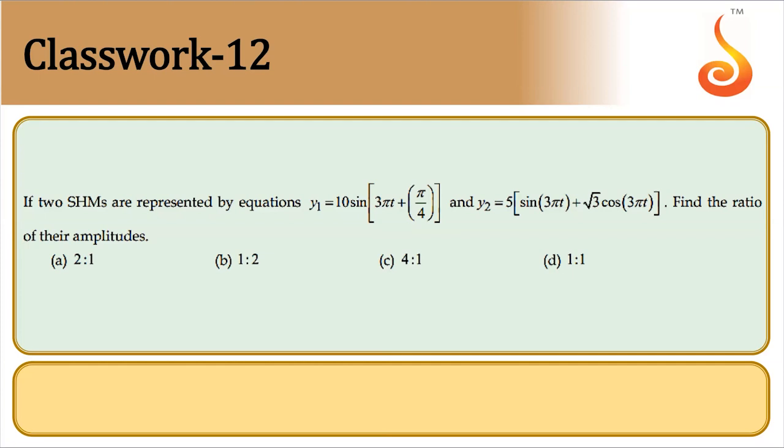We shall take it to the next slide. See, if I take y2, I'll just multiply 5 inside: 5 sin 3 pi t plus 5 root 3 cos 3 pi t.